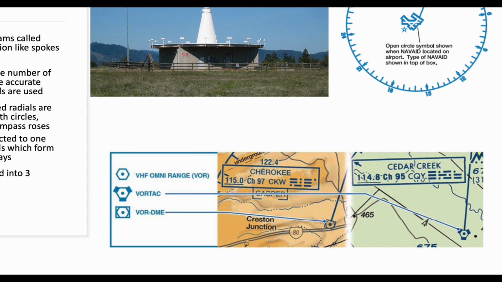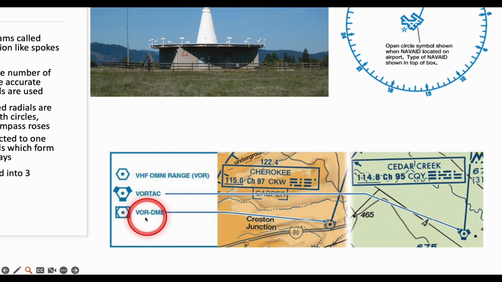If it's a standalone VOR, there's a few different depictions it'll have. Just a standalone VOR is going to be a hexagon with a dot in the center. If it's a VOR-TAC, which means VOR plus TACAN, and TACAN means Tactical Air Navigation, used by the military, it'll look like this.